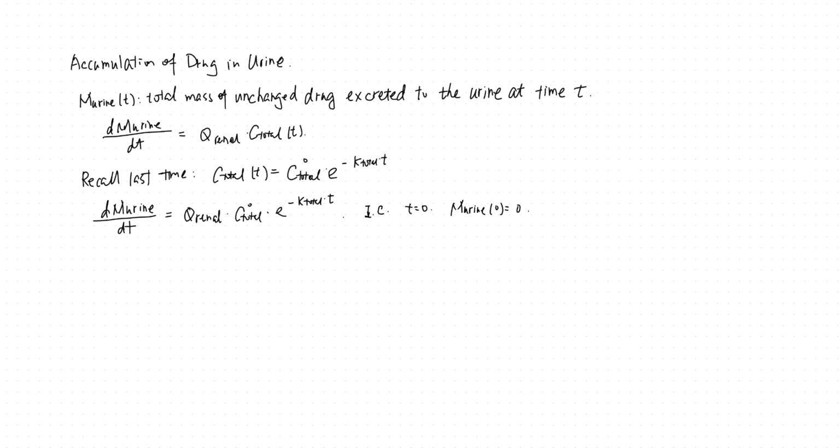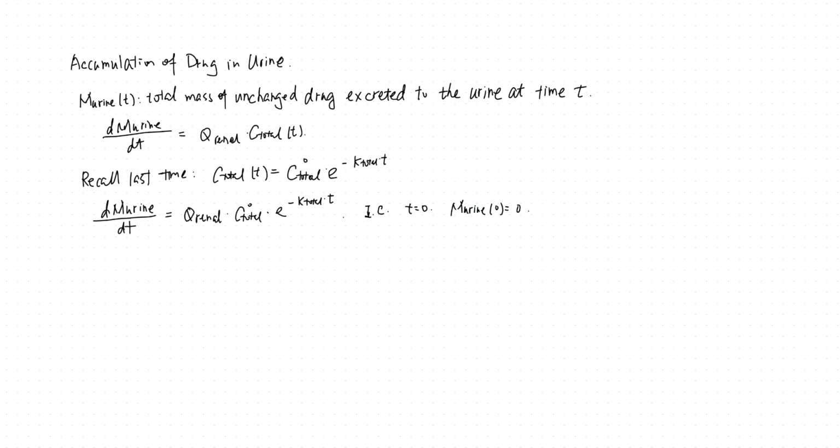Only after some time is the drug cleared by the kidney and then goes into the urine. So that's why the initial condition is zero. Then you can integrate this equation and use the initial condition to determine the final expression.